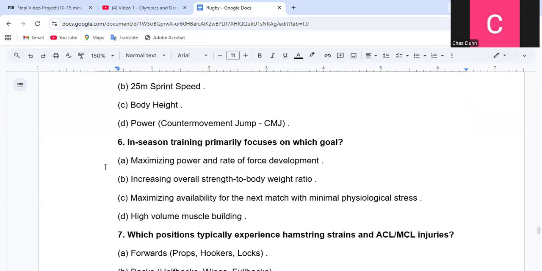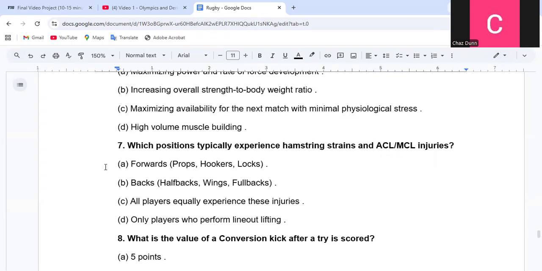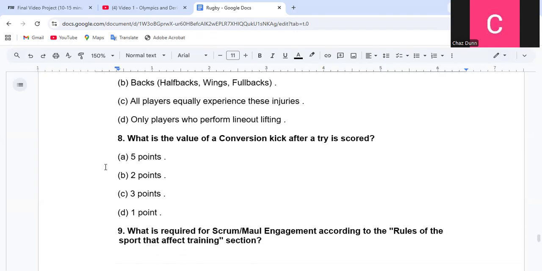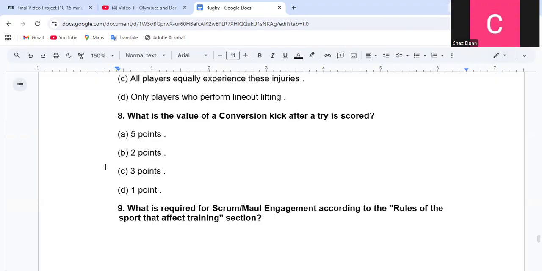In season training, primarily focuses on which goal? Which positions typically experience hamstring strains and ACL, MCL injuries, according to this document? What is the value of a conversion kick after a try is scored?